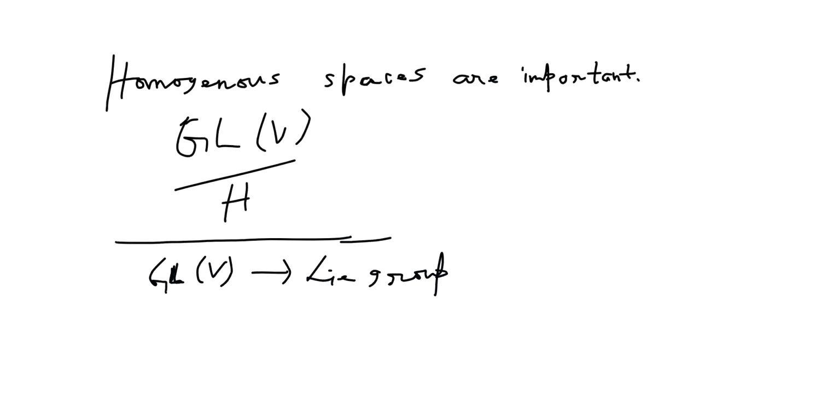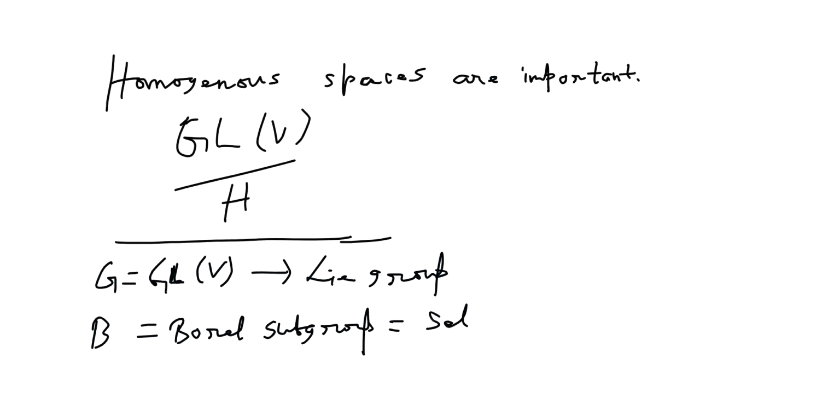Let's call it G. G is equal to GL(V). It's a Lie group. And suppose I take the Borel subgroup to be B. In matrix form, this is just the set of all upper triangular matrices. This is a Borel subgroup.